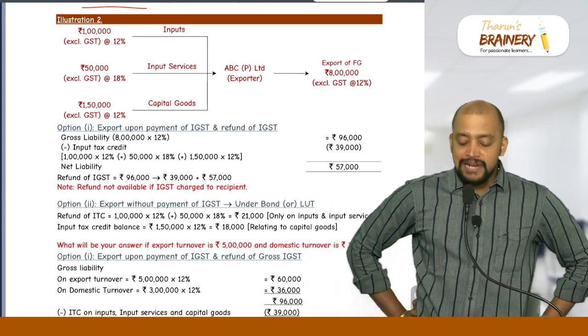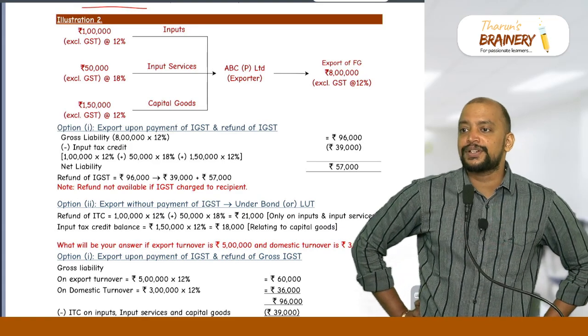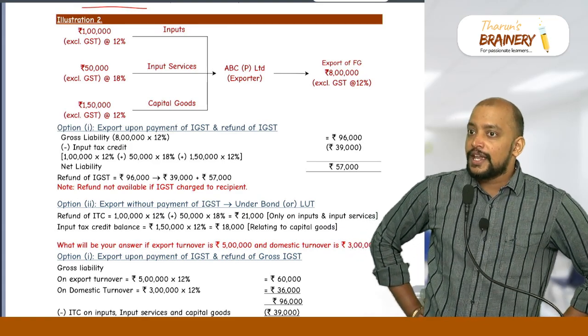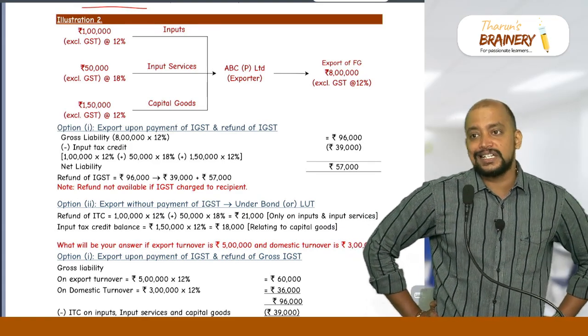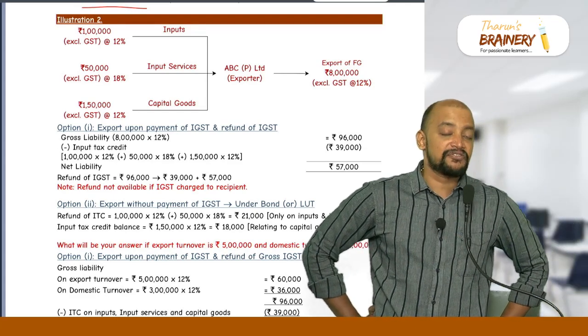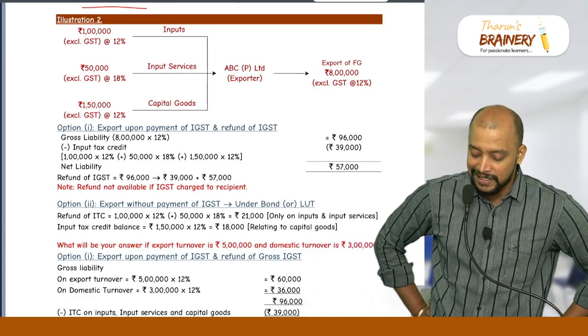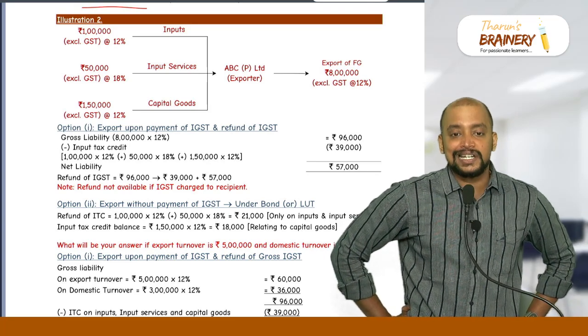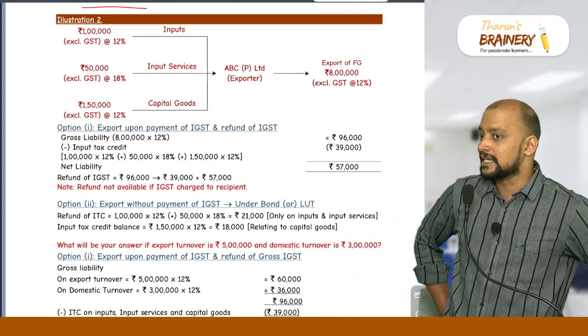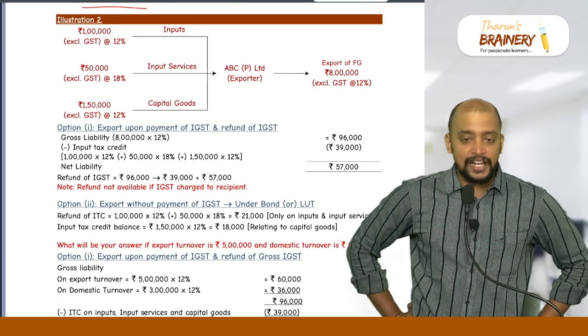And this exporter made 3 purchases: inputs, input services and capital goods. Inputs value is 1 lakh excluding GST at 12%, and input service is 50,000 excluding GST 18%, and capital goods excluding GST at 12%. These 3 things are purchased, and used in export.